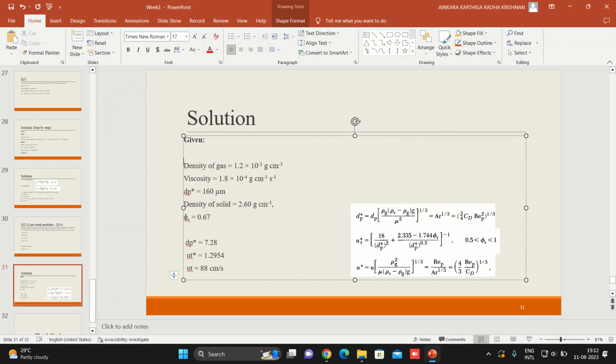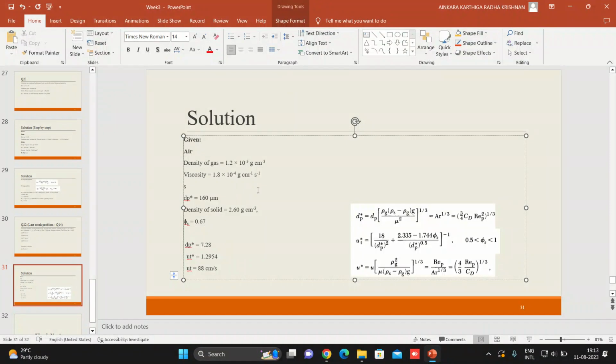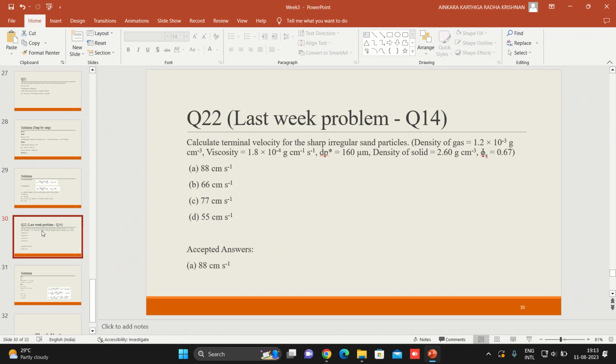Air properties we'll write first: density of gas and viscosity of gas are given. Solid properties are also given: the diameter of the particle, density of particle, and the sphericity of the particle. So what is asked in this question? Terminal velocity.